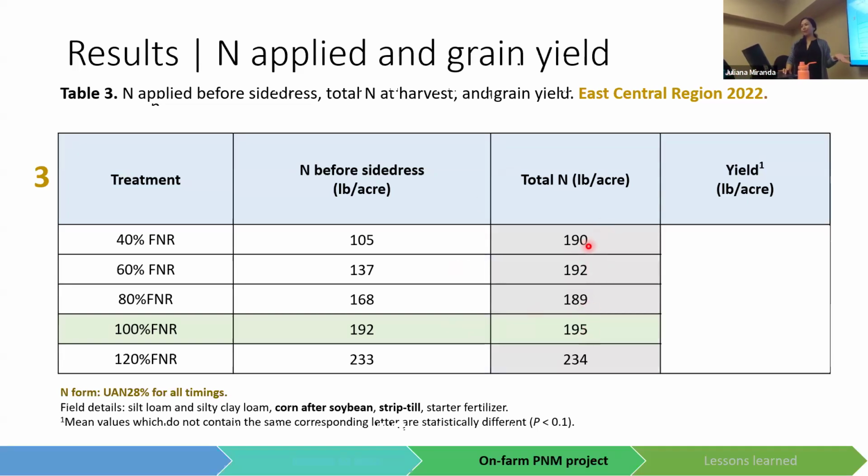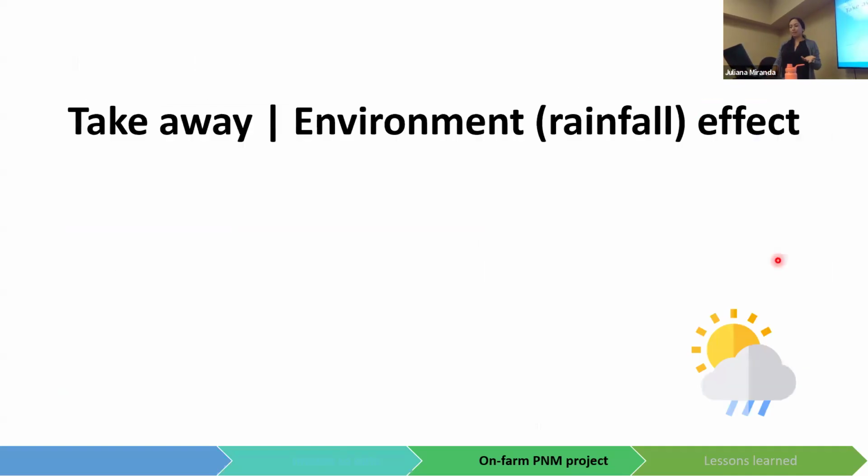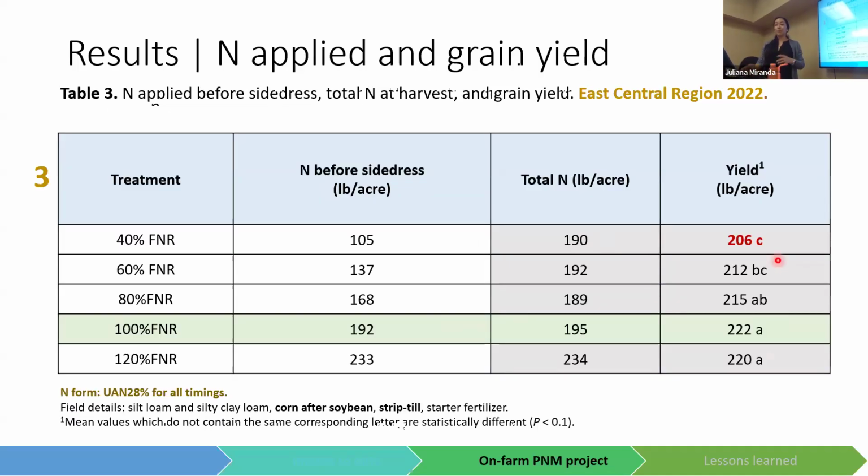And you see, we were not able to reduce the nitrogen, but look, 190 and 195 applied, and look at the difference in yield. So there was a decrease in yield. Why did it happen? There are a lot of factors, because the locations are different, the management is different, the seeding rate is different, a lot of things, but the only thing in common across these locations was the weather.